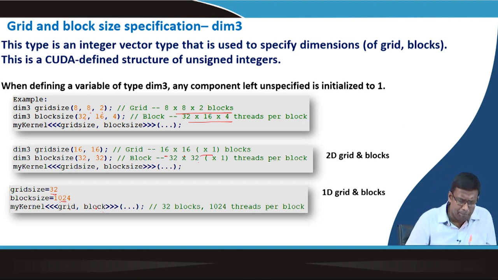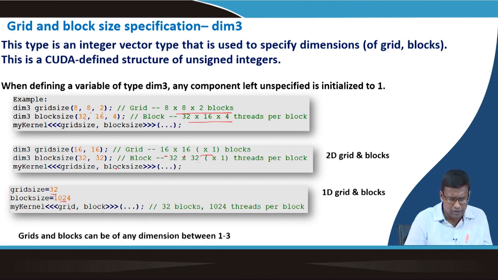So you have to define these two arguments, grid size and block size, before calling the kernel, and pass them to the kernel. And the dimensions of grids and blocks can be anything between 1 to 3. There can be 1D grids, 2D grids, 3D grids.